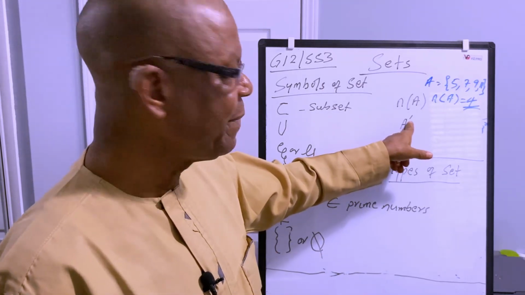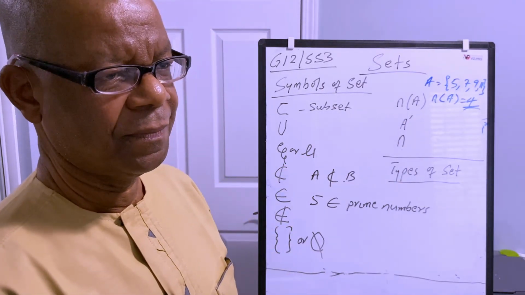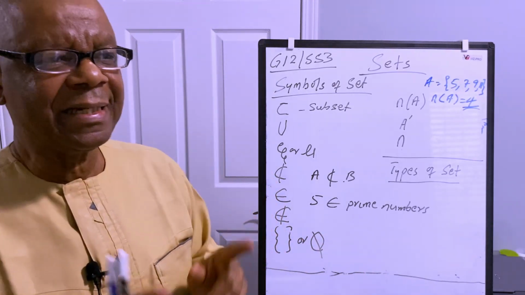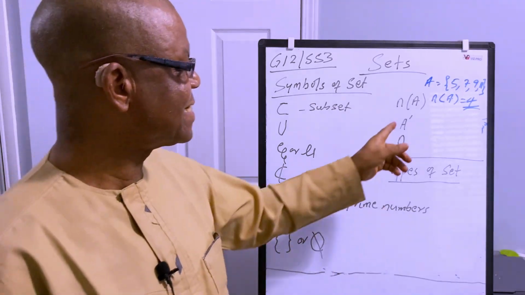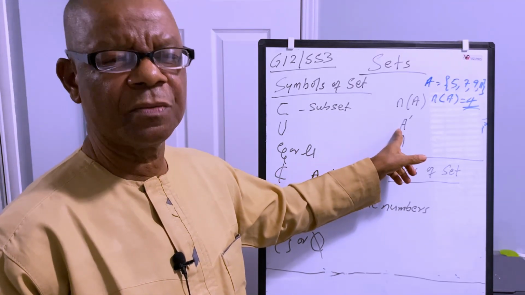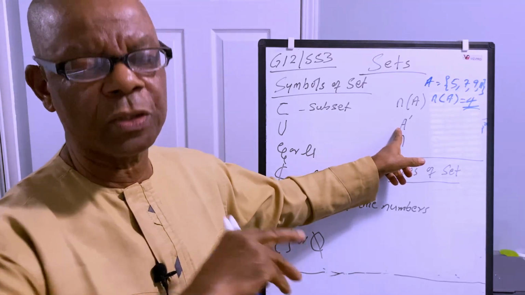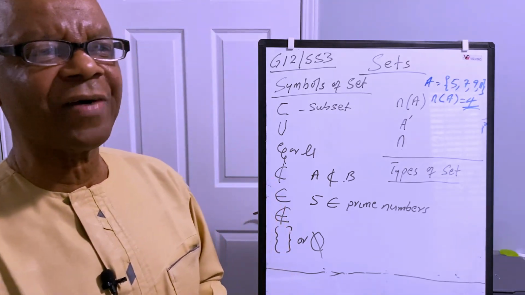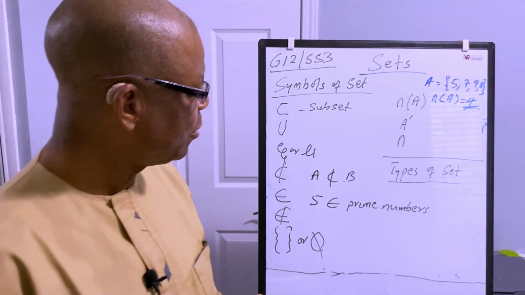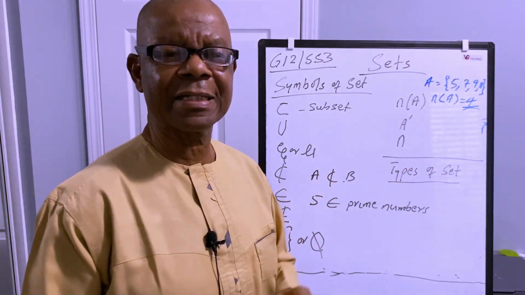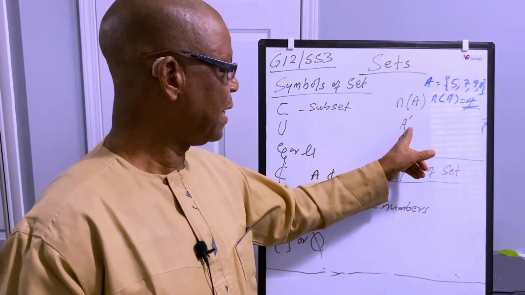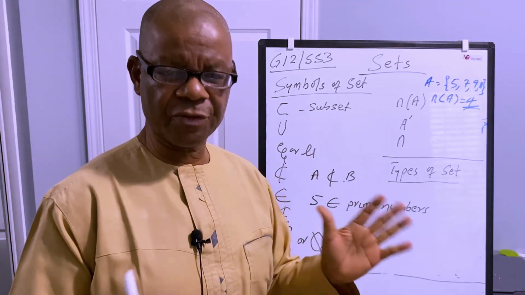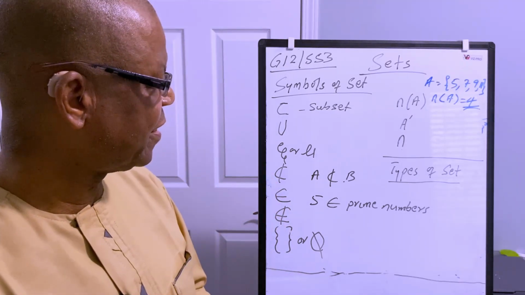This is the complement of set A. The complement of a set is the makeup of that very set. The elements that, when you add them to the said set, will be equal to the universal set. The elements in the universal set that do not belong in that very set. Let's assume that A is a set from a universal set.